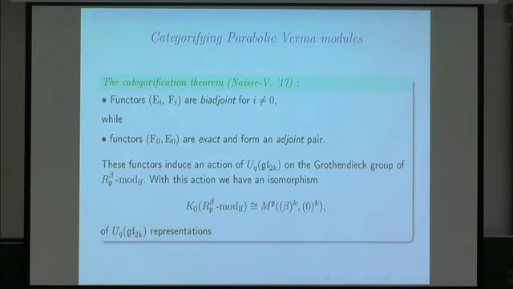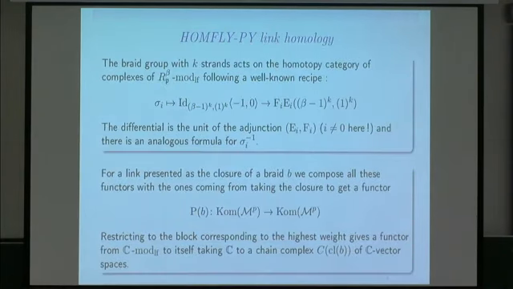Now you have to construct link homologies. Okay, so now we know from the presentation before of the braid group action that we have two copies of the Schur algebra going up and going down, and the braid group only acts on one part.